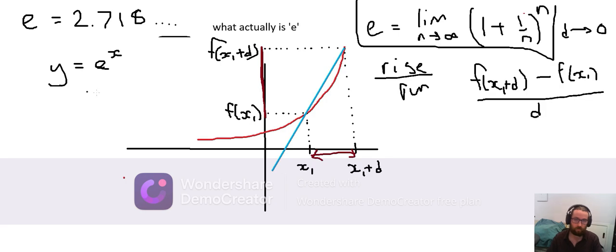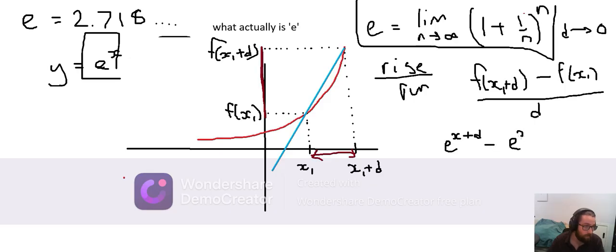So we know what the function f of x is. It's going to be e to the x. That's the function that we're interested in. So let's just sub all these things in. So it's going to be e to the (x plus d), and I'm just going to use x in general, minus e to the x, over d. And we're saying that this is going to approach the true derivative of f of x, the true tangent, as d gets closer to 0.